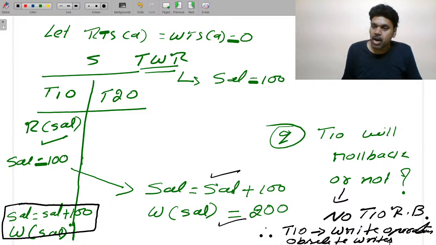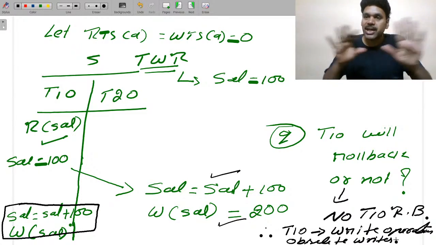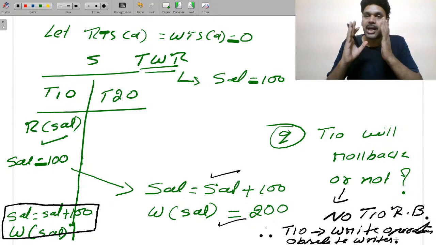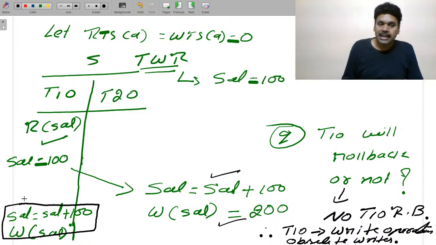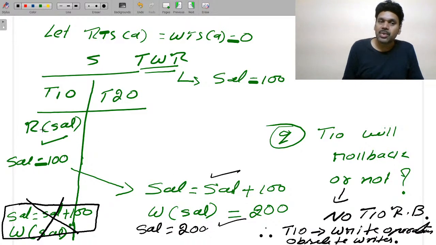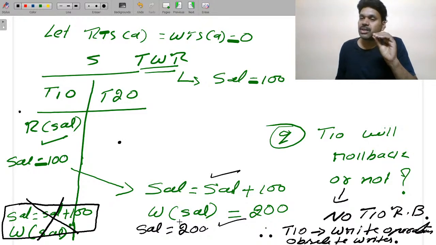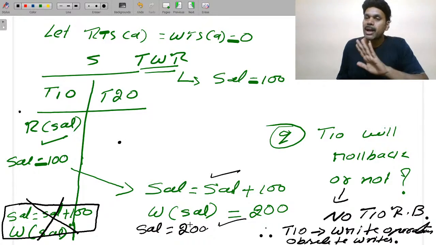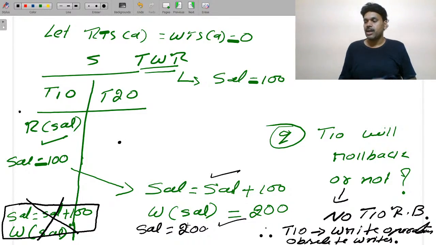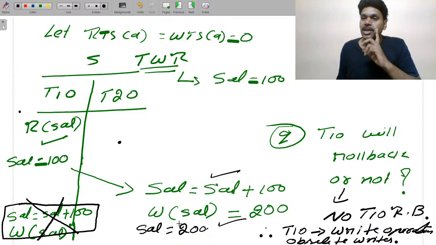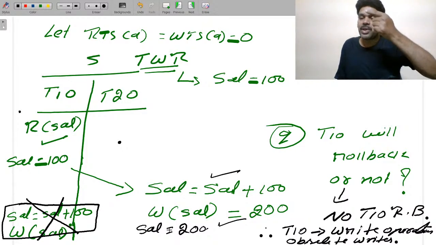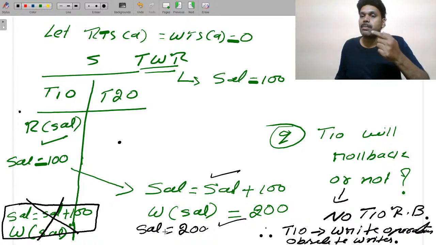These writes do not have any impact on your database. Therefore, they simply just cancel this salary. So your salary is staying at 200 only. T20 is not rolled back, T10 is also not rolled back. So your salary is staying at 200 without any rollback of your transactions. That is the power of the Thomas Write rule: exception to write operations which violates the rules of timestamp ordering.